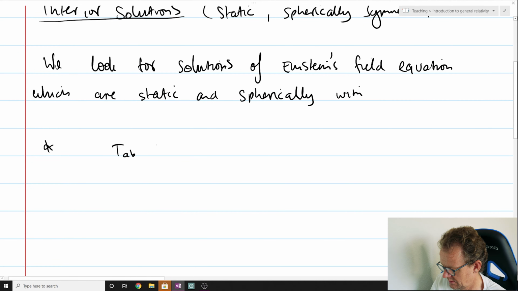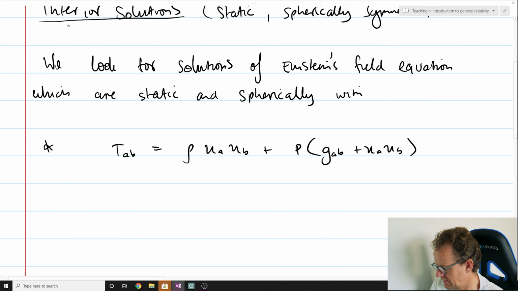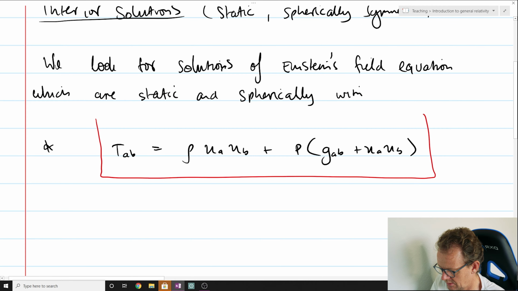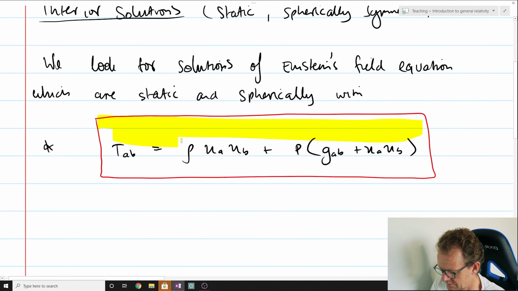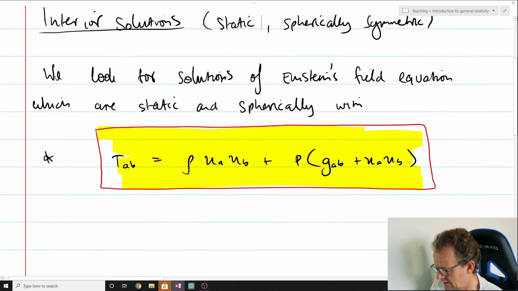It takes the perfect fluid form, because we imagine that our star is just a liquid or gas, and can redistribute itself, where the liquid comprising the celestial object can redistribute itself easily.